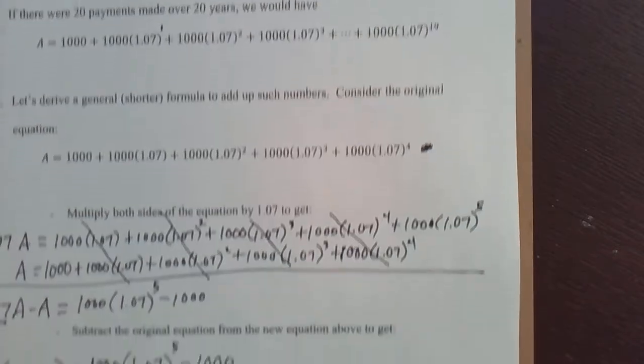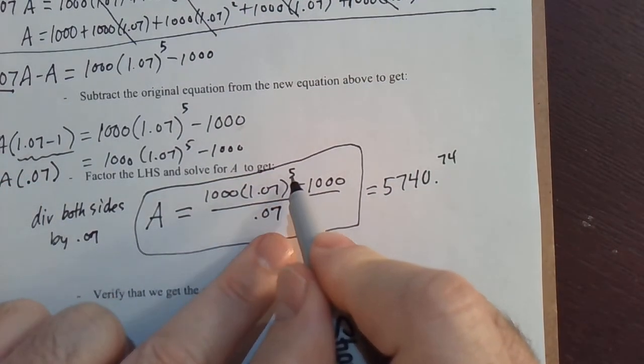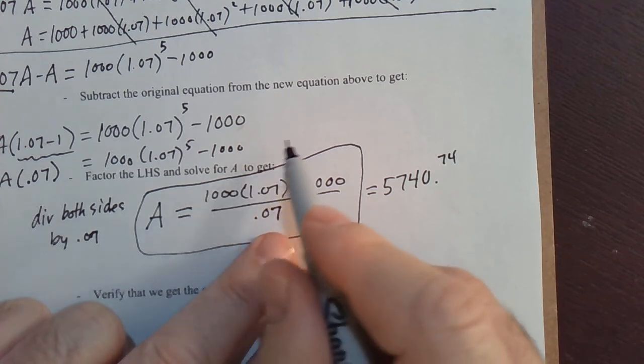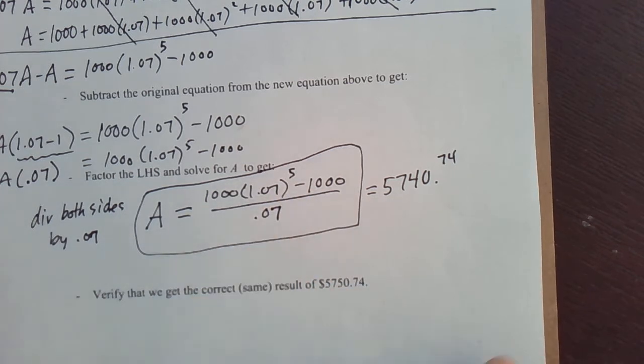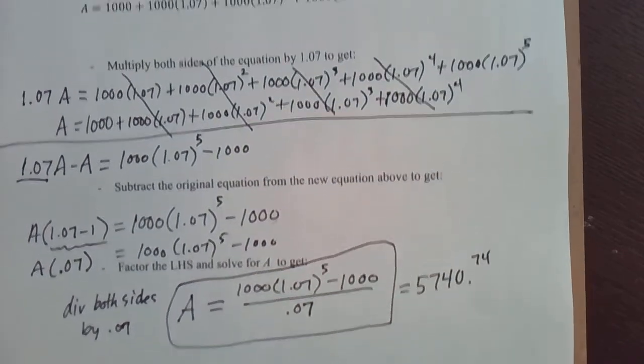The only thing we would have to change here is change that 5 to a 20. So it would be very simple to add up all of those 20 numbers. So we'll continue with this thought in the next video.